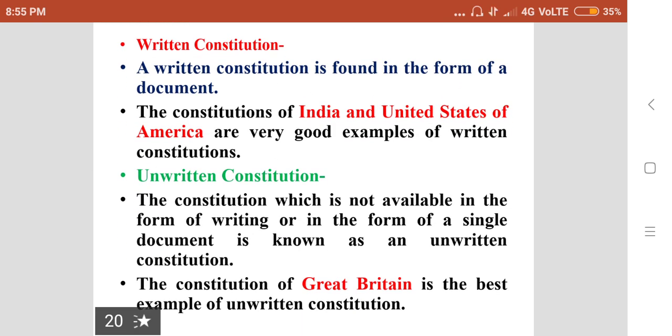First, written constitution. A written constitution is found in the form of a document.